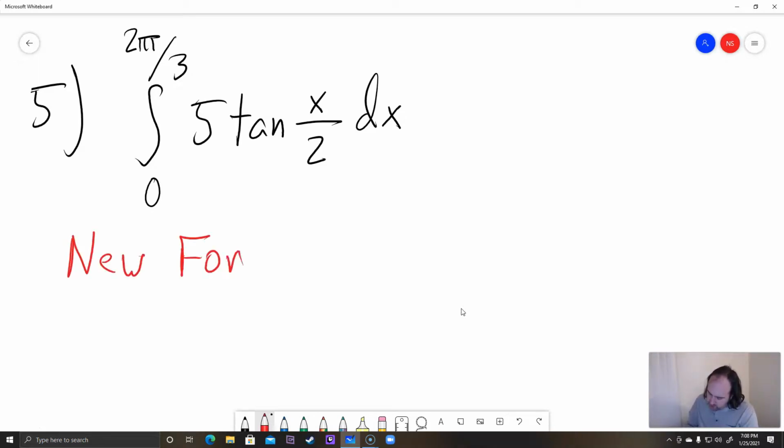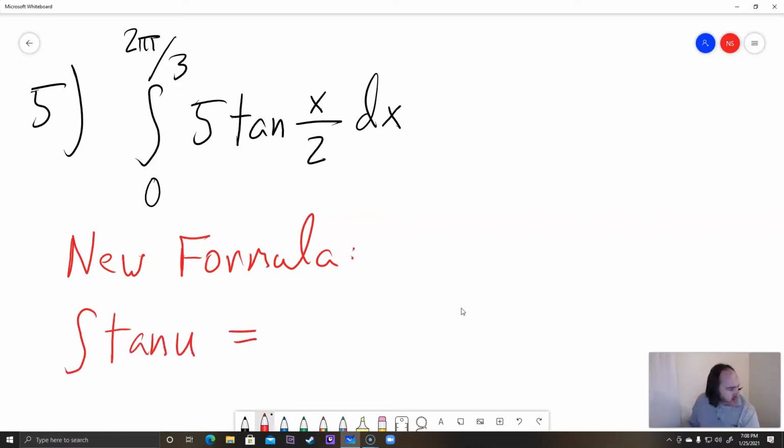After you do u substitution, the integral of tangent of u is equal to ln of absolute value of secant of u plus c.